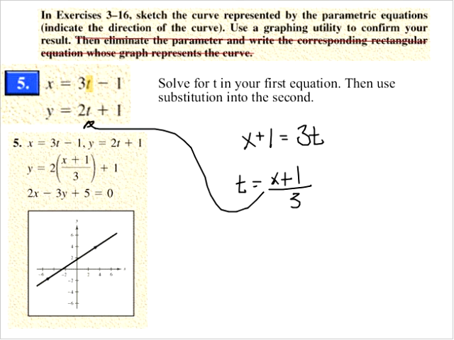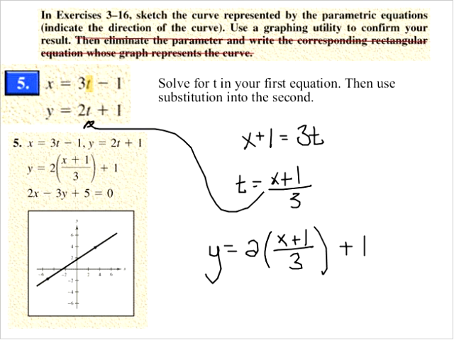So what happens is we'll get y equals 2 times (x plus 1) over 3, plus 1. And notice now this is our rectangular equation because we're dealing with just x and y. So that's kind of nice. What we can do is simplify this if we need to.